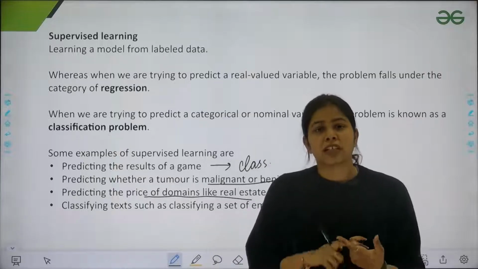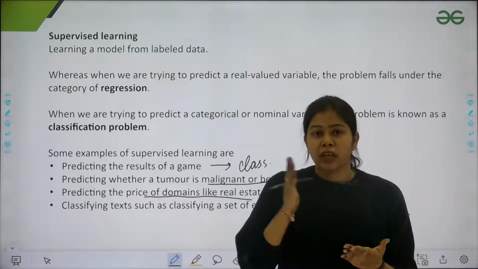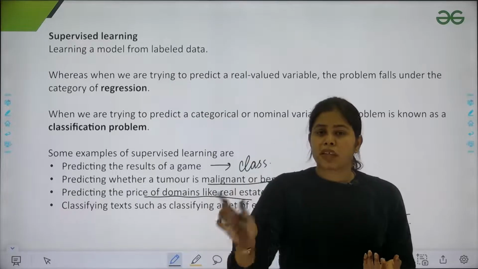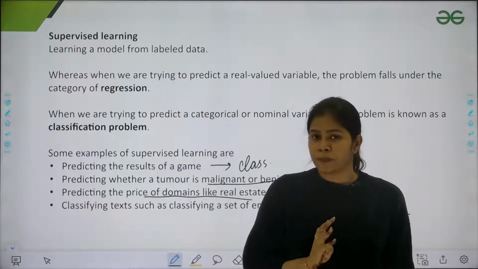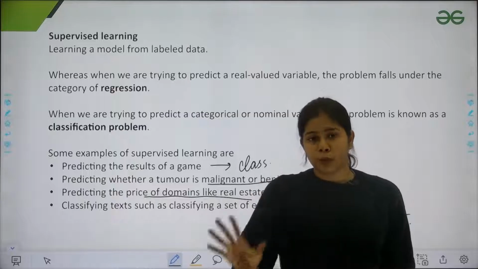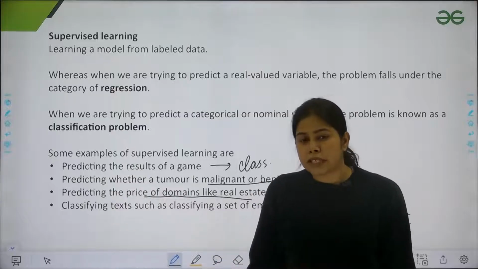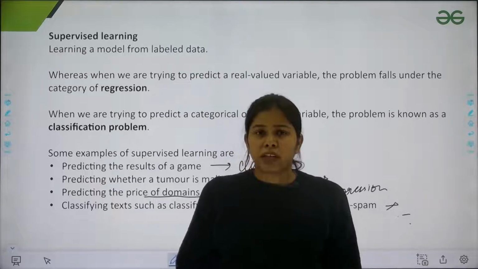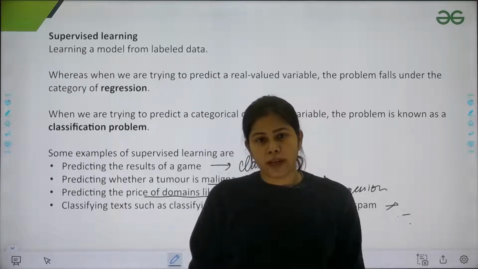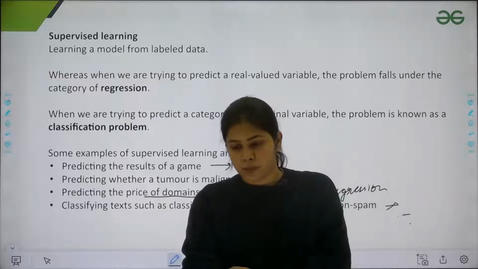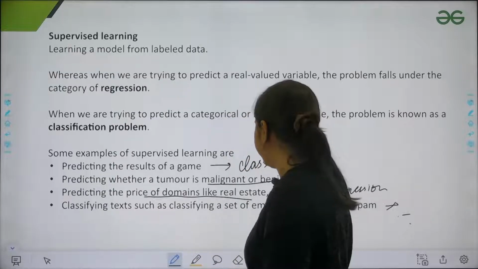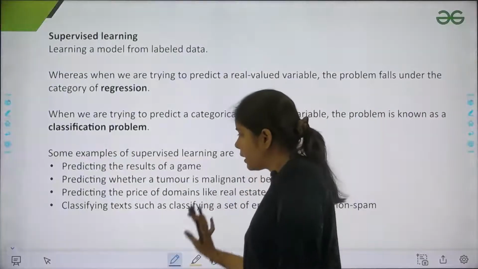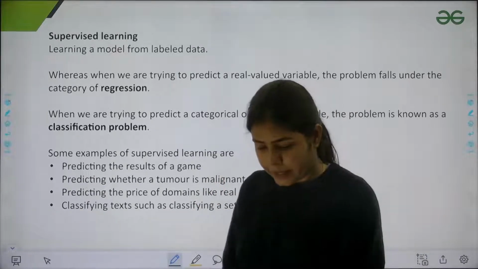So you have to understand any algorithm end to end, so that you can decide which algorithm is going to work on your data or your problem. If I'm saying spam or non-spam, I have to identify a mail, so I know that a classification algorithm would work. That's what you have to decide. Okay, so that is supervised learning examples.